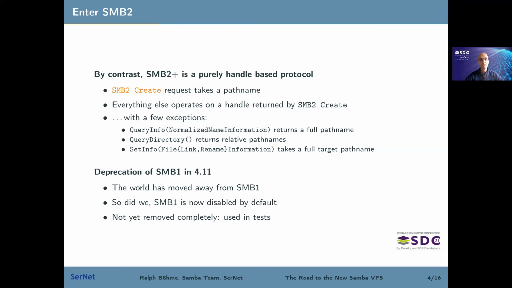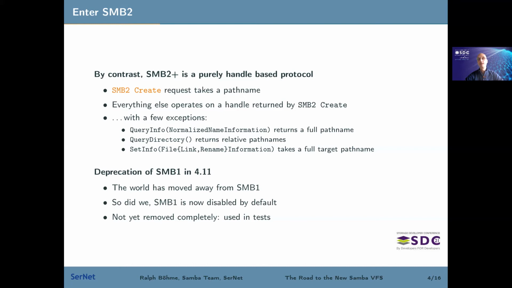Now, SMB1 has been deprecated since Samba 4.11. The world has moved away from SMB1, and so did we, the Samba project, where SMB1 is now disabled by default. It's not yet removed completely. It's used in tests, which is the reason why it's not yet removed in its entirety.